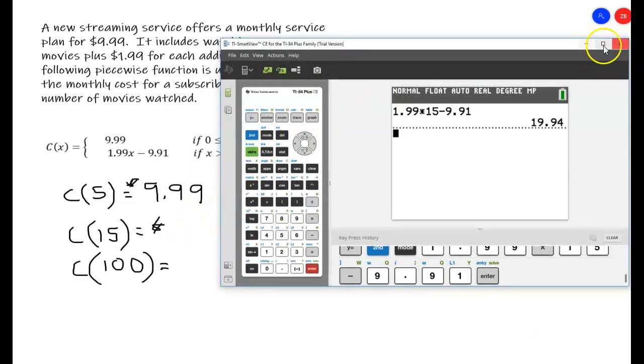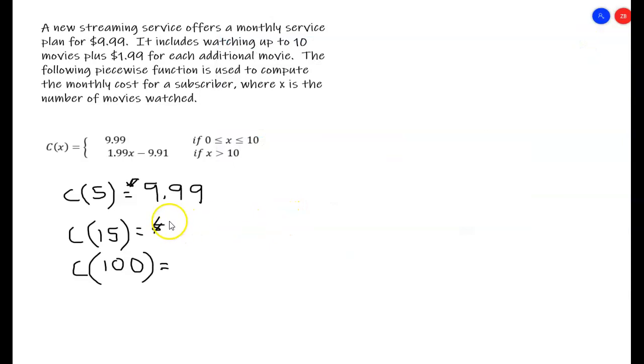All right, so I'd come back over here and I'd put in 19.94. So look at this. We only watched 5 above the 10 maximum, but our price doubled for that month.